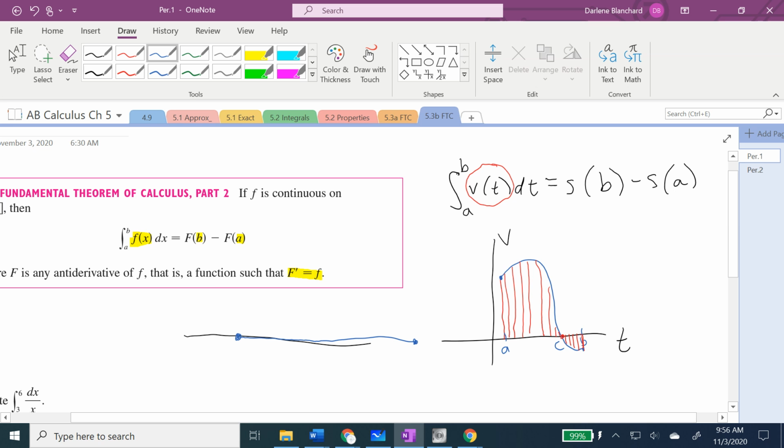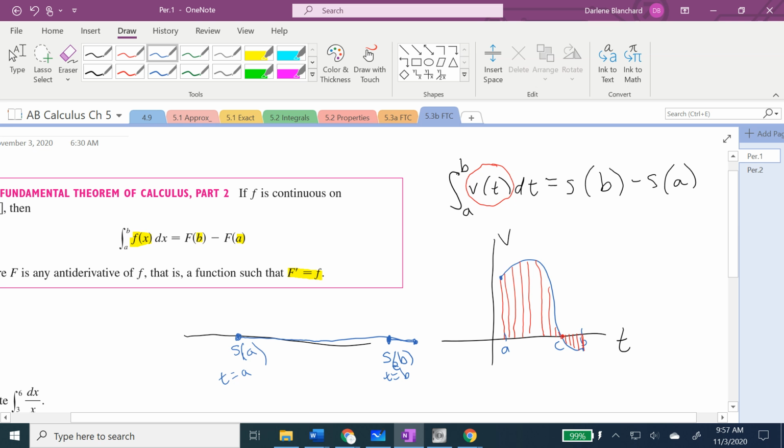Then when time C happens, that's when I change direction and backtrack. And my displacement is looking at what is my location at my final time minus what is my location at my initial time.